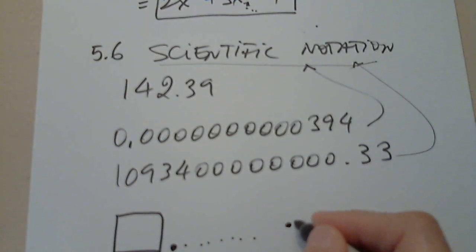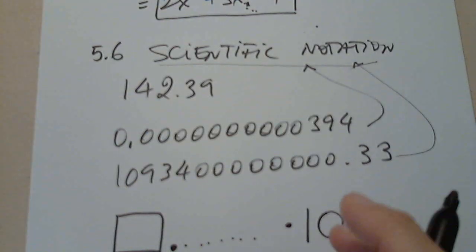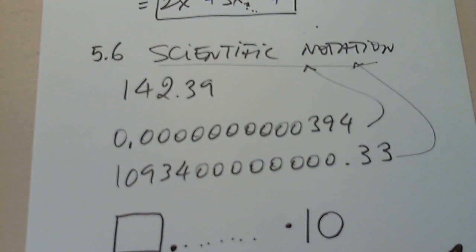And then multiplied by a power of 10. Careful, Pearson puts an x. I don't like to put an x. This is not the variable x. Instead of the raised dot, they represent multiplication with a tiny x. So don't get confused. It's not x, it's multiplication.